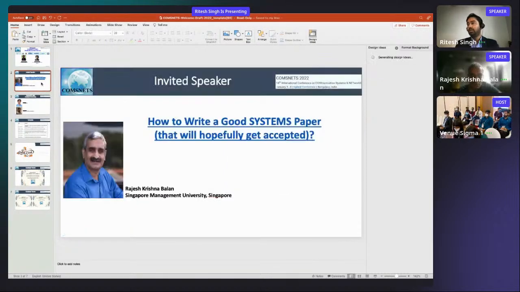First we'll go ahead with the talk, which is how to write good system papers that will hopefully get accepted. This talk is by Professor Rajesh, an associate professor at Singapore Management University's School of Information Systems, and also director of the Urban Lifestyle Innovation Platform. His main research area is developing new and novel mobile computing applications.